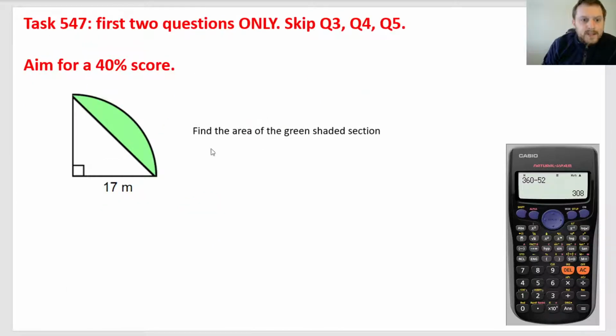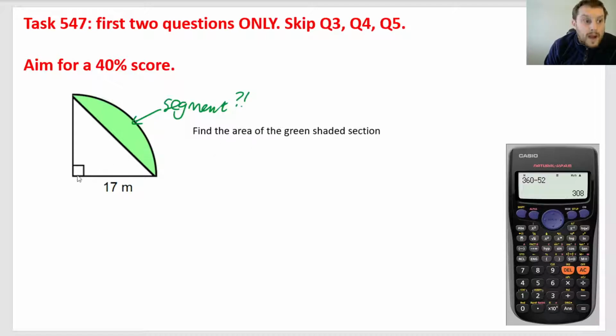Right, and then lastly, this is in task 547 and it's for question 1 and question 2 only. It's how do you find the area of a segment? Now, I'm not going to talk to you about it where theta isn't 90. The reason for that is, as I say, it involves more complicated maths that you are not being taught yet.